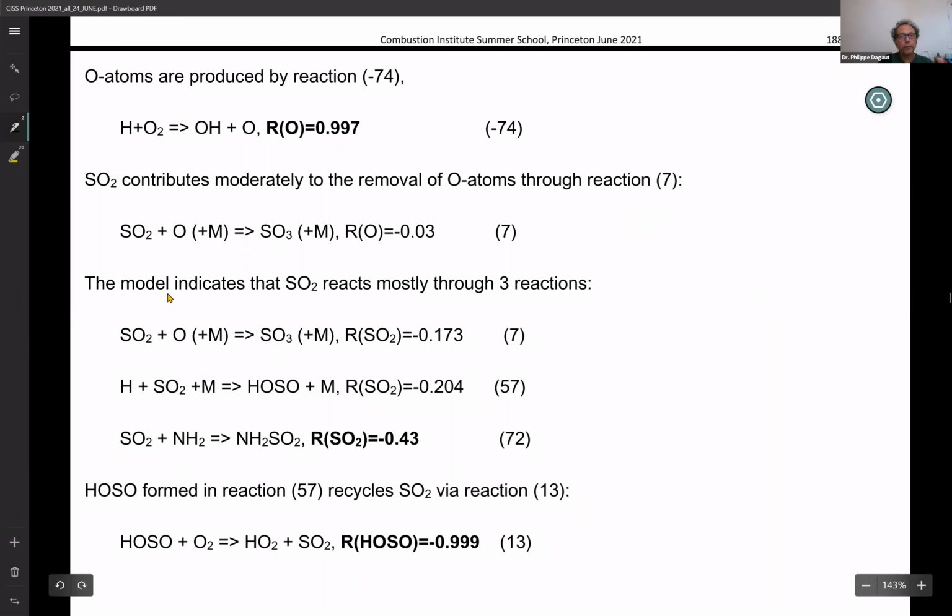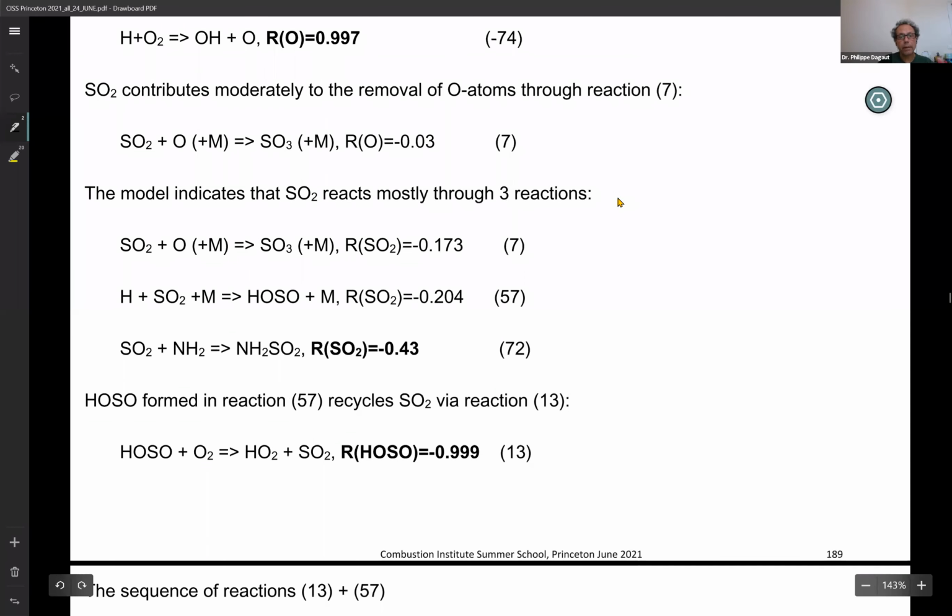And the model indicates that SO2 reacts mostly through three reactions. The main one being SO2 plus NH2 giving NH2SO2, and the others being SO2 plus O giving SO3, and SO2 plus H giving HOSO.